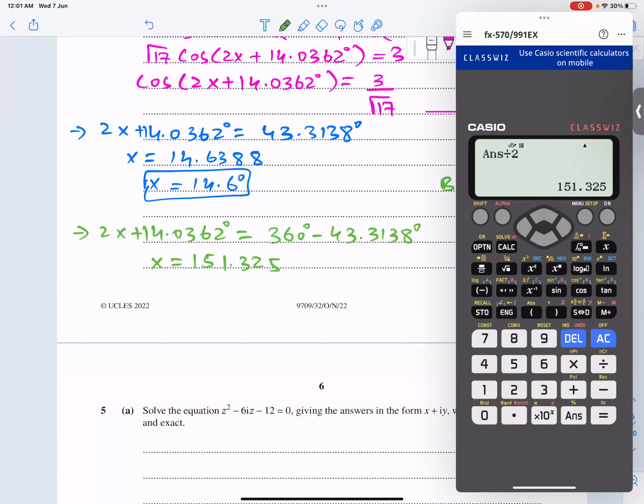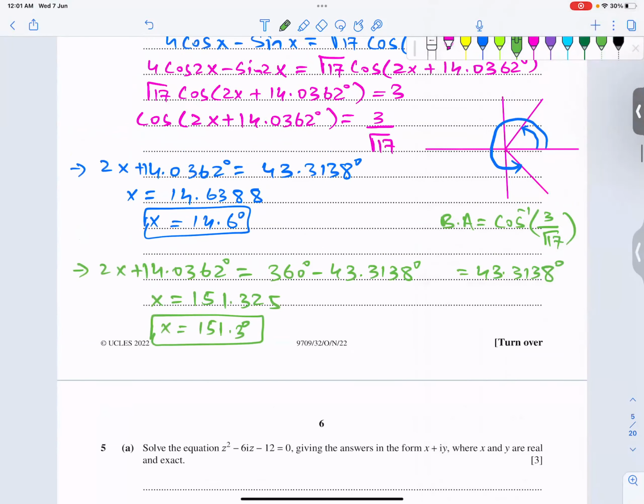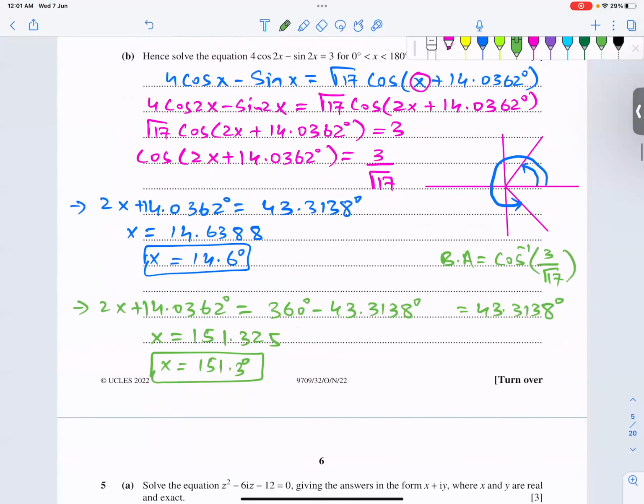So if you write the final answer, you will write 151.3 degree. So these are the two possible answers, which are 14.6 degree and the other one is 151.3 degree, and both are in the domain 0 to 180 degree.